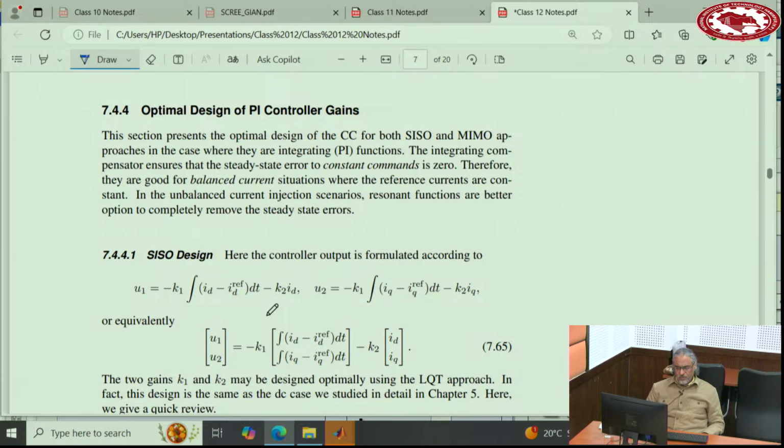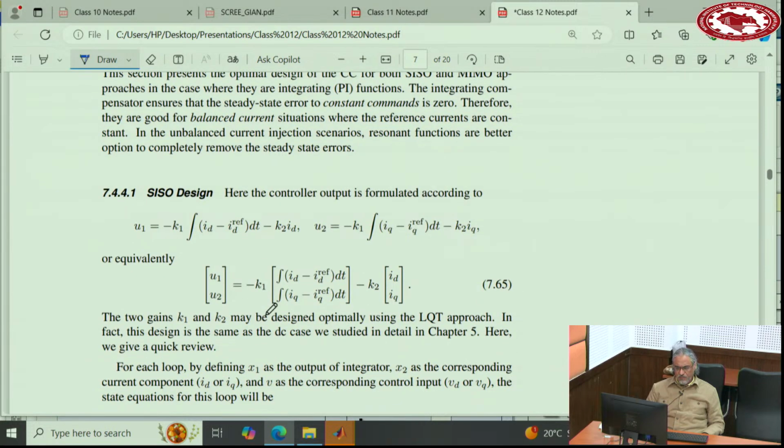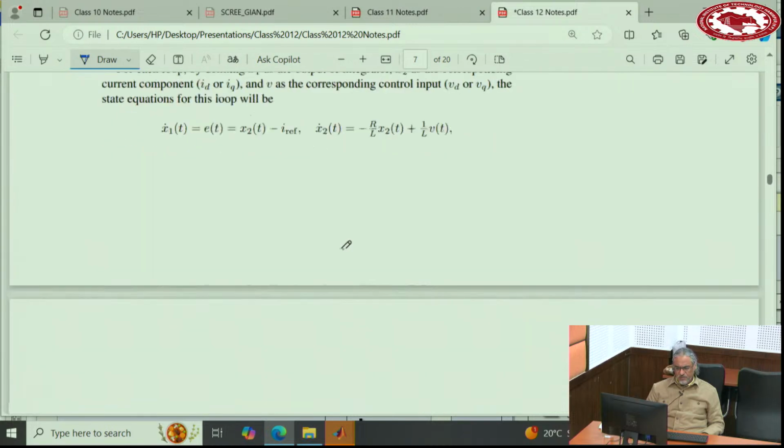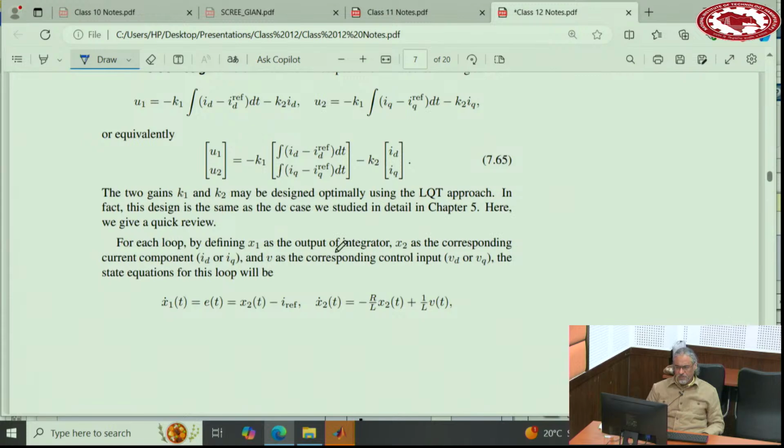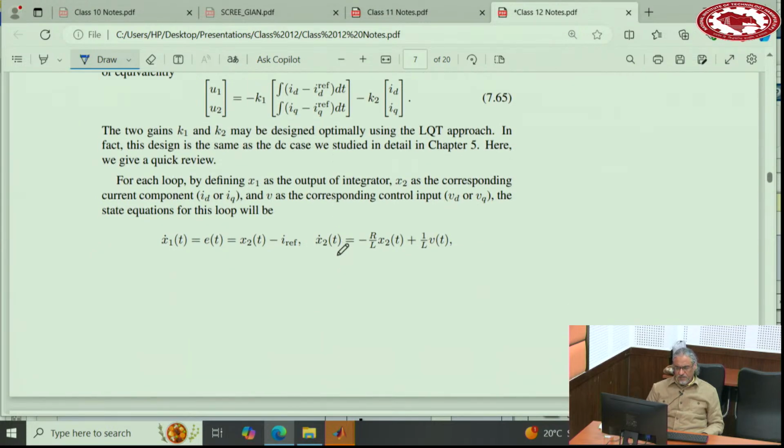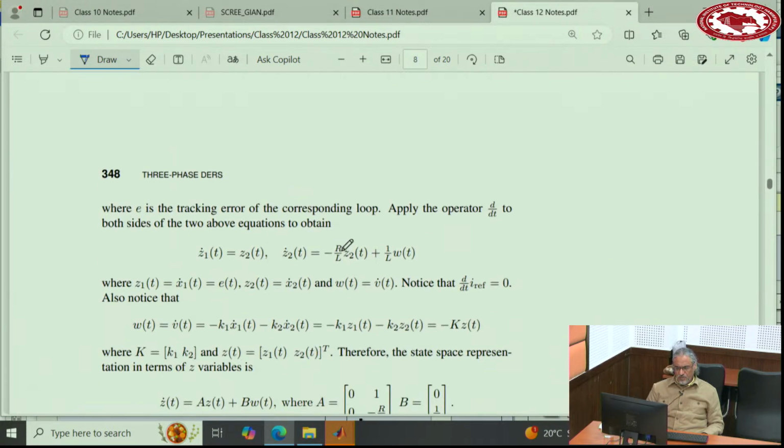Okay, so first the SISO case. This is basically the same LQT for K1 and K2. I wrote down the equations this time rather than showing the diagram. Doesn't matter. And then you write down the equations, you apply the operator d over dt. This is exactly the same thing we did in the chapter about DC-DC converters.